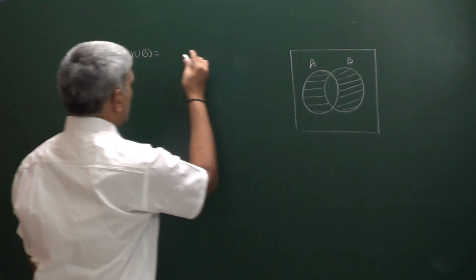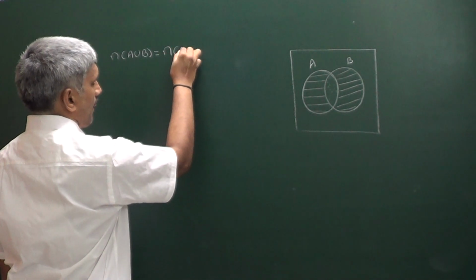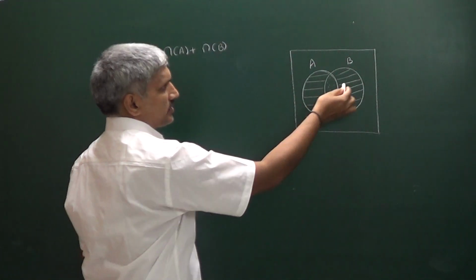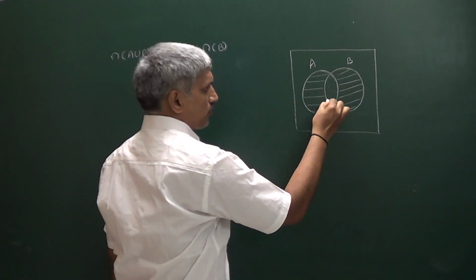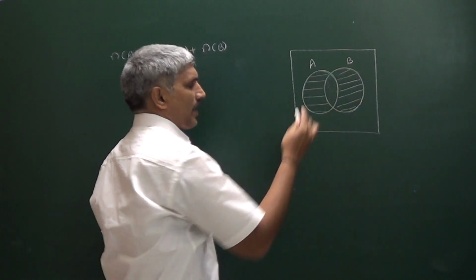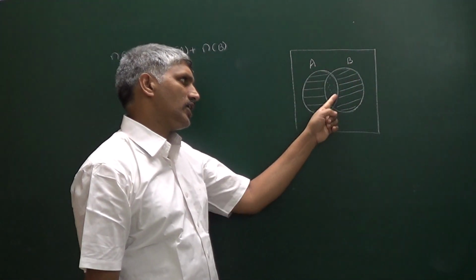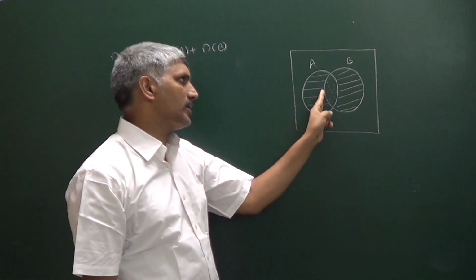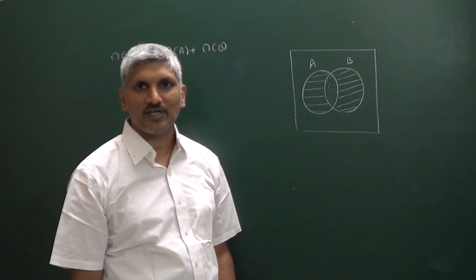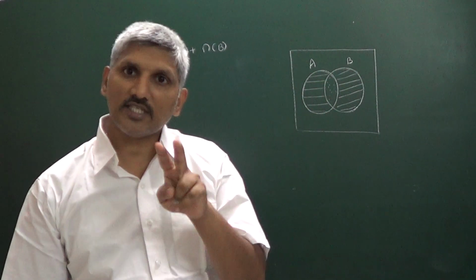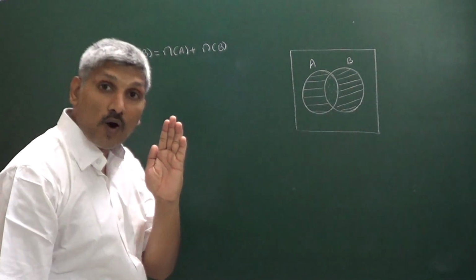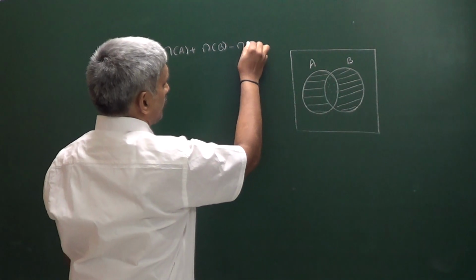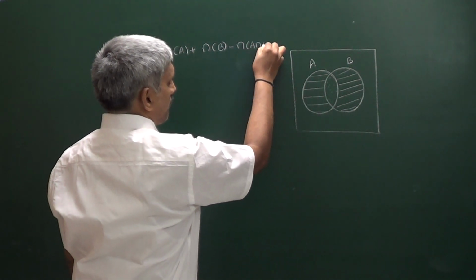Number of elements in A plus number of elements in B. In that case, the intersection part is counted in both, so A intersection B appears two times. That's why we exclude one of them: minus n of A intersection B.